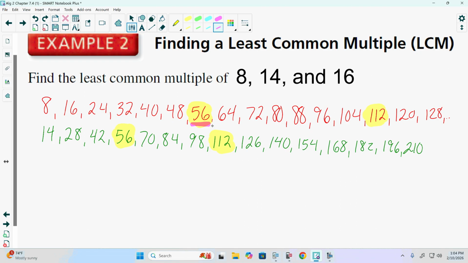However, we would say 56 is the least common multiple. It is the smallest common multiple that 8 and 14 have. It is the first number we can turn both 8 and 14 into. So 1/8 and 1/14, if we wanted to add them together, we would want the denominator to be 56 because it'd be the first number that they're the same.